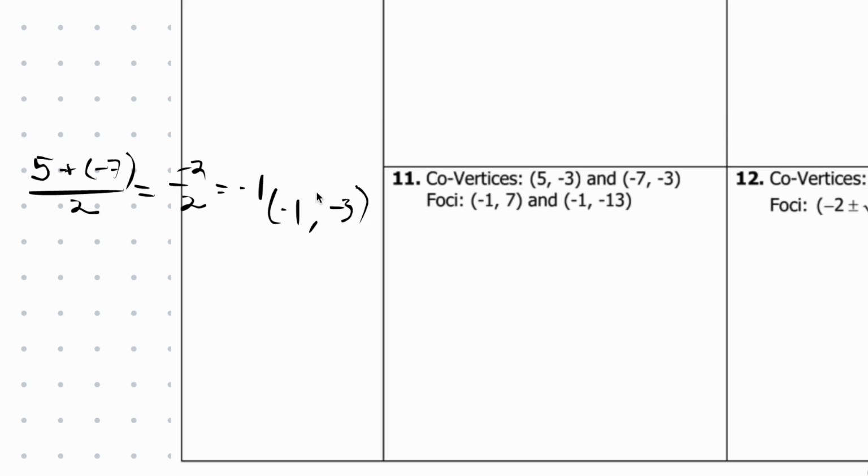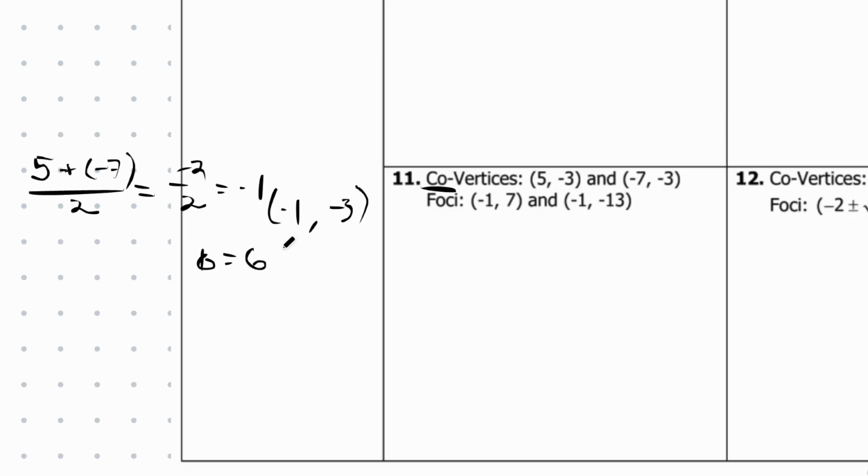And here now we find the distance from our center to our co-vertices, which we can just see: -1 to 5 is just going to be 6 units, and -1 to -7 is going to be 6 units. And since we're talking about our co-vertices here, that means we're talking about our b value. So b is equal to 6.